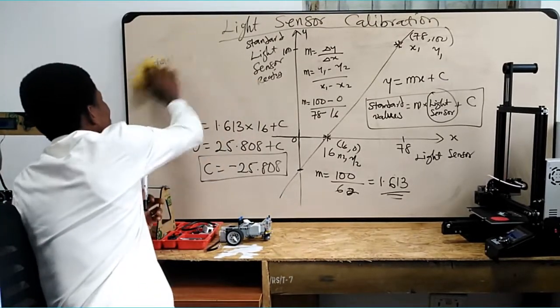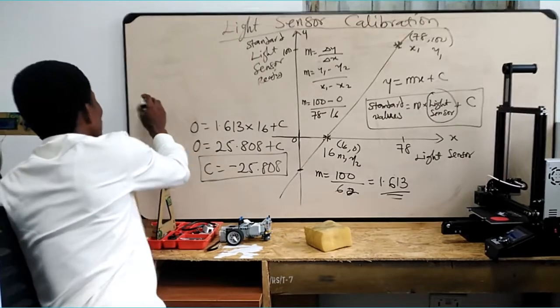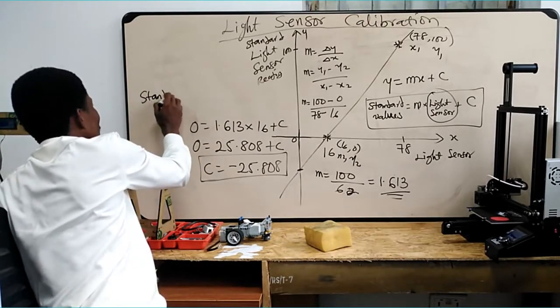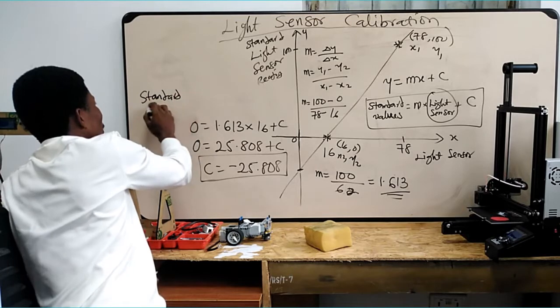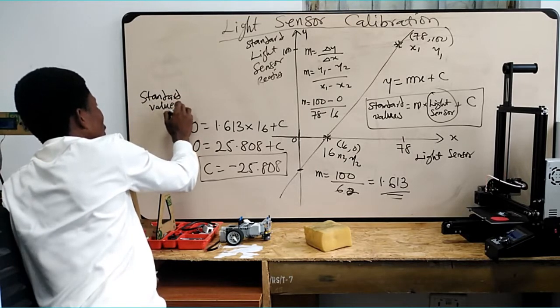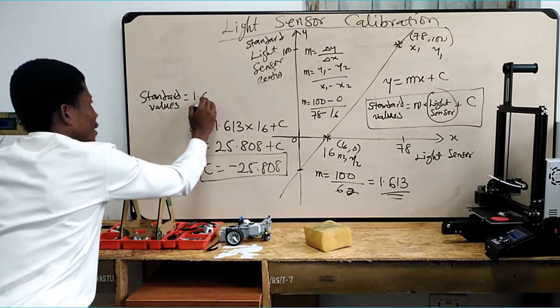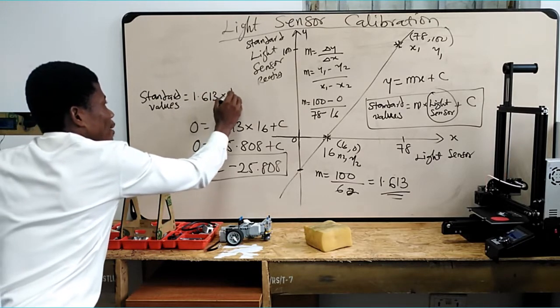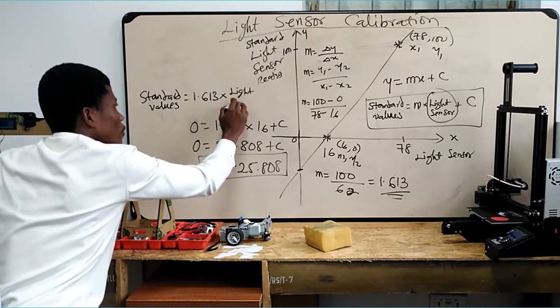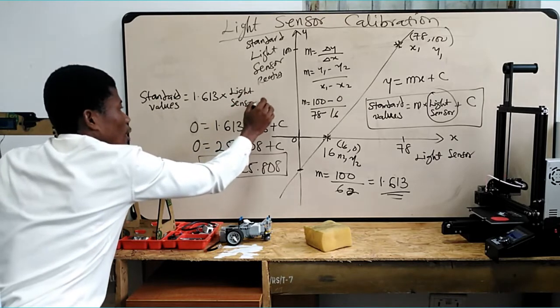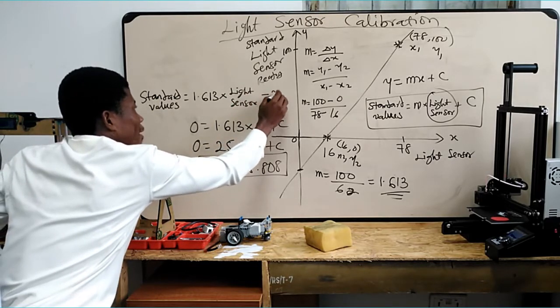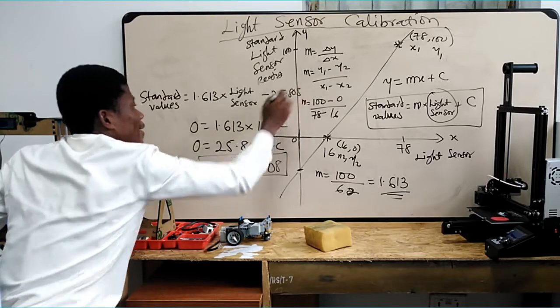So the standard values is equal to the m value, which is 1.613, times the light sensor values, minus 25.808.